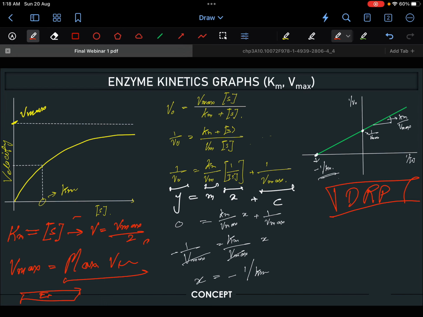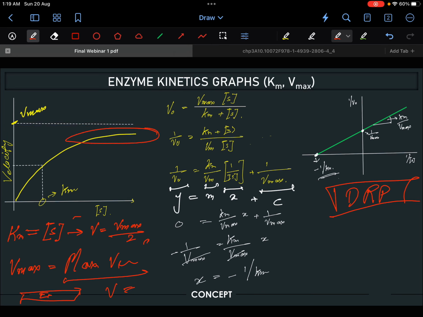If you give 1 billion substrates and there are only 10 enzymes, then 10 products per second will be the highest rate, right? Maybe not per second, maybe per millisecond or microsecond, whatever it is. If you make the time constant, then the velocity will saturate, right?